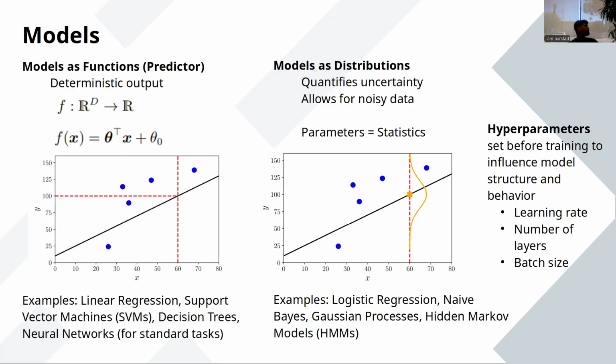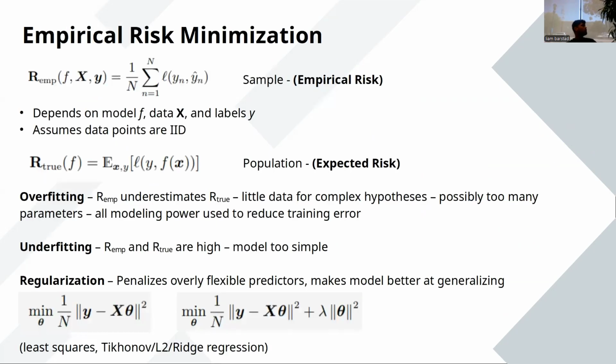So starting off with empirical risk minimization, this is basically how we deal with the loss function for deterministic or non-probabilistic models. This should be somewhat familiar: we have the training error and then we have the test error.